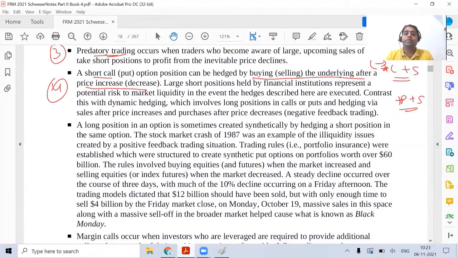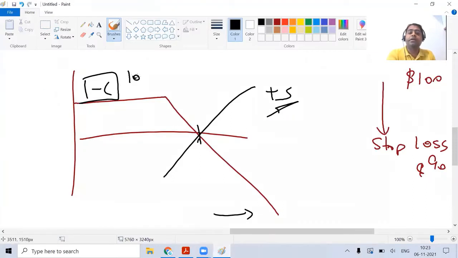Now think about this. If the bank is having a large short position, that can lead to a lot of risk for you because you might have to properly hedge. But if the hedge is not happening properly, that can lead to big market liquidity risk. For example, suppose you have taken 100 short call positions, but you have just taken 10 long stock.